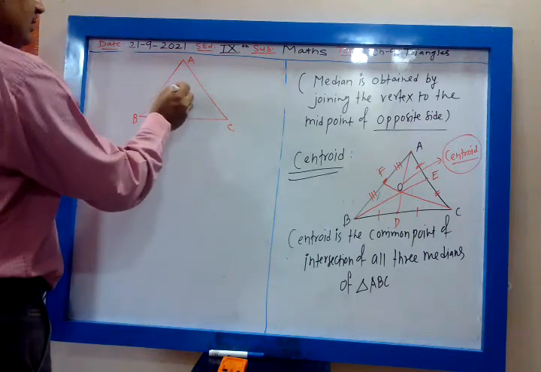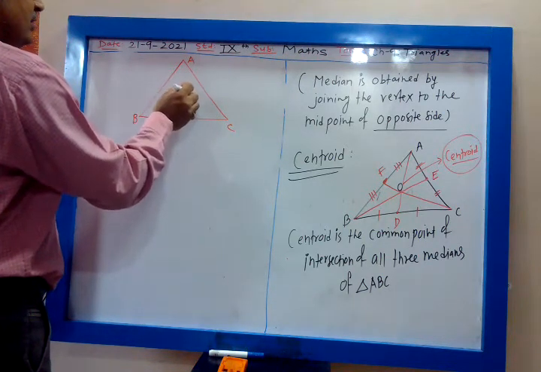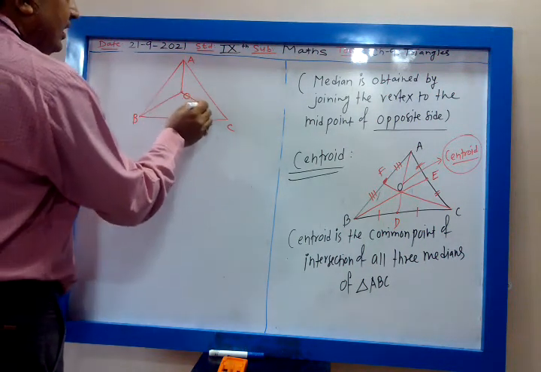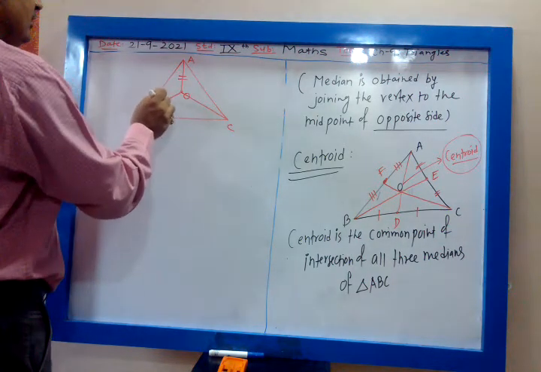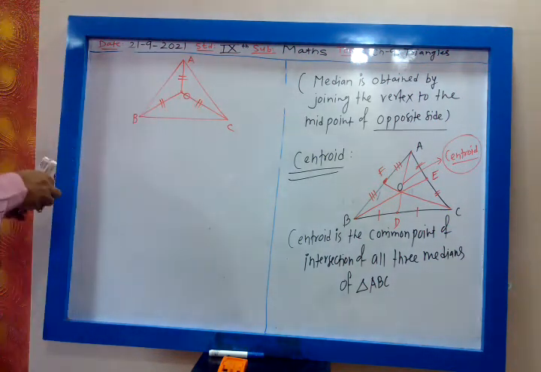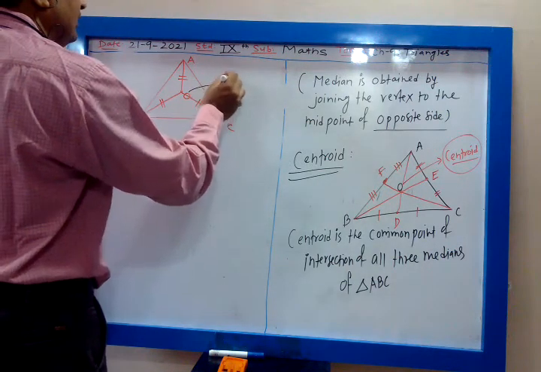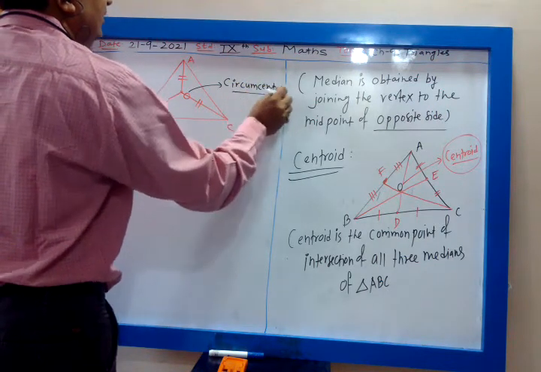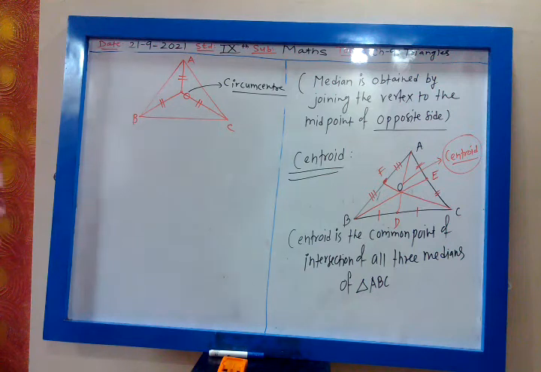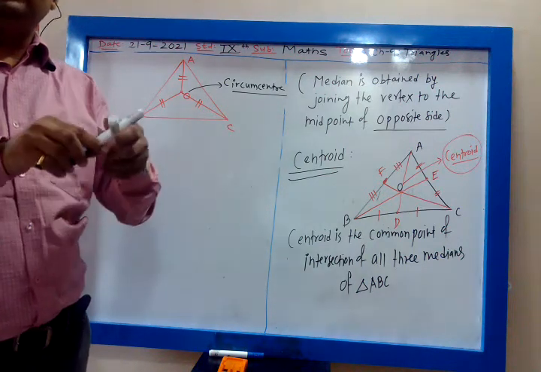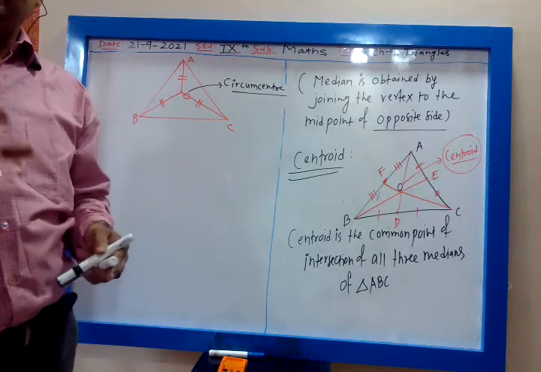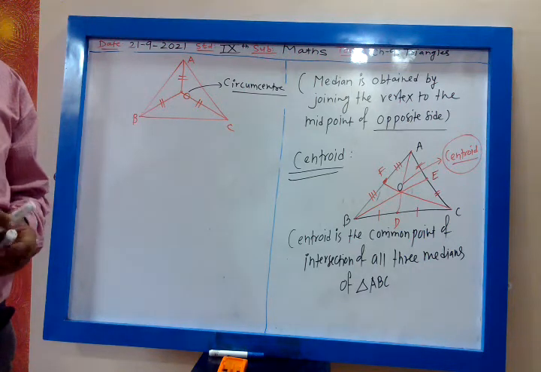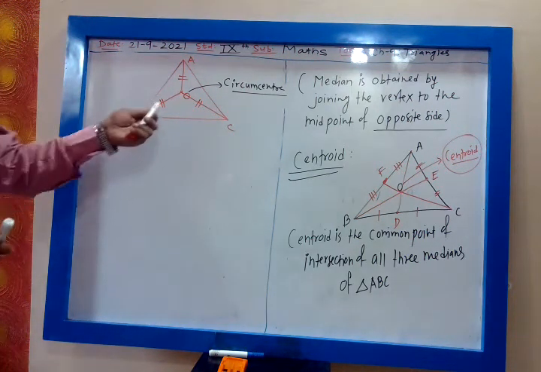So OA is equal to OB is equal to OC. In this case, O is circumcenter. So circumcenter is different, centroid is different. Centroid is the point of intersection of all three medians, whereas circumcenter is the point within the triangle from which all three vertices are at equal distance.